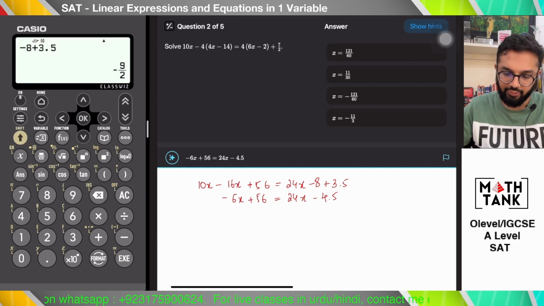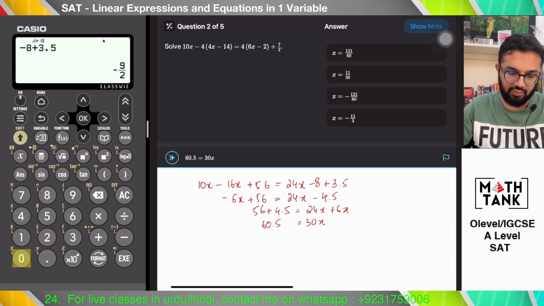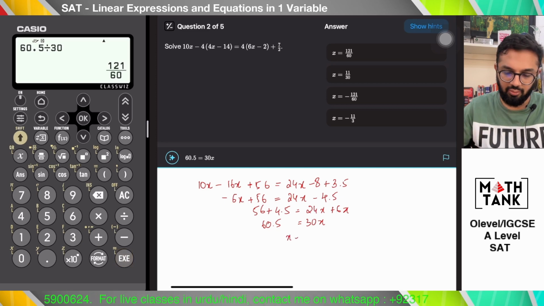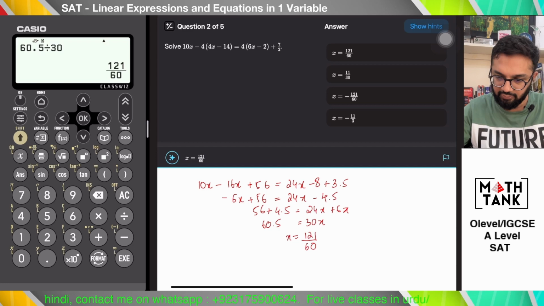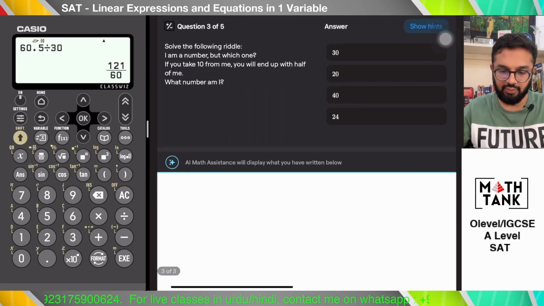Okay, so then I get 56 plus 4.5 equals 24x plus 6x, that gives me 30x, and that gives me 60.5. 60.5 divided by 30 is 121 over 60. Okay, that should be the correct answer. Yes, that is indeed the correct answer.